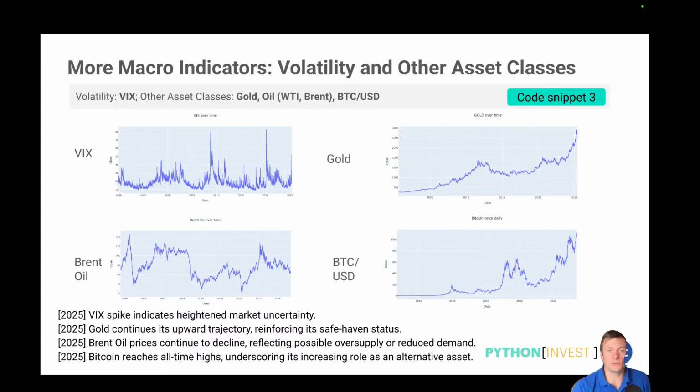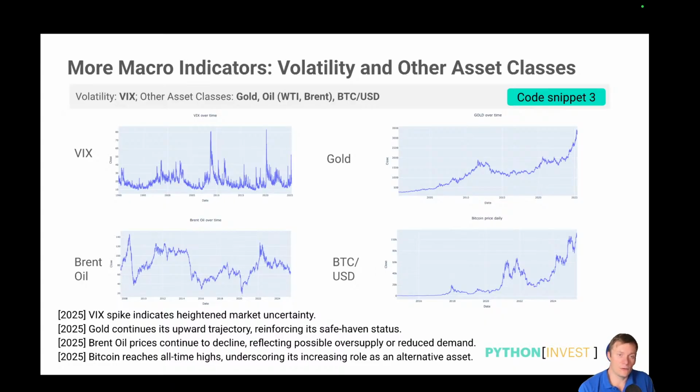You might want to add some other global markets and other stock exchanges. For gold, for example, gold as a safe haven asset was growing, and it is still growing in 2025. It reached new heights, and maybe it means something for other markets, that people redistribute their assets into gold just because they fear uncertainty.